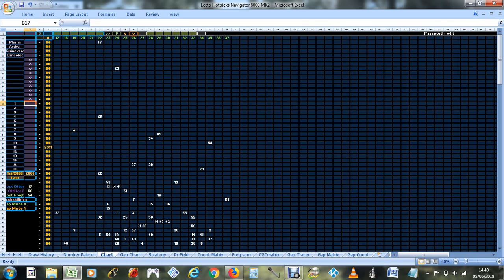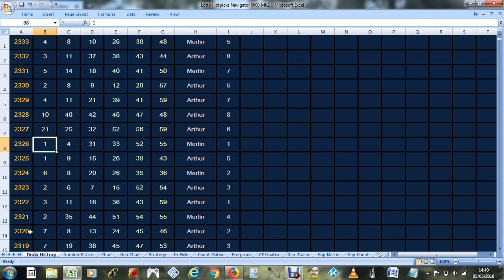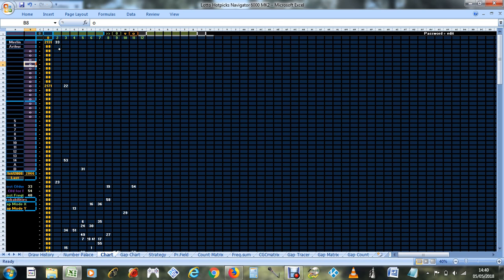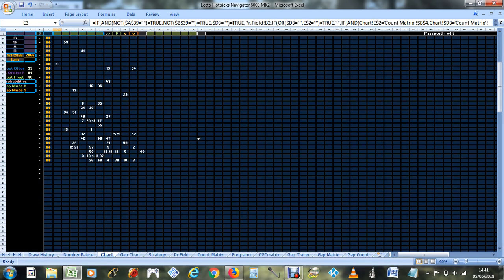But when we look at it like this, and we just look at the current trend, which is machines 5 to 8, sets of balls 5 to 8, when we look at it like this, then you can see number 33 is the most overdue.